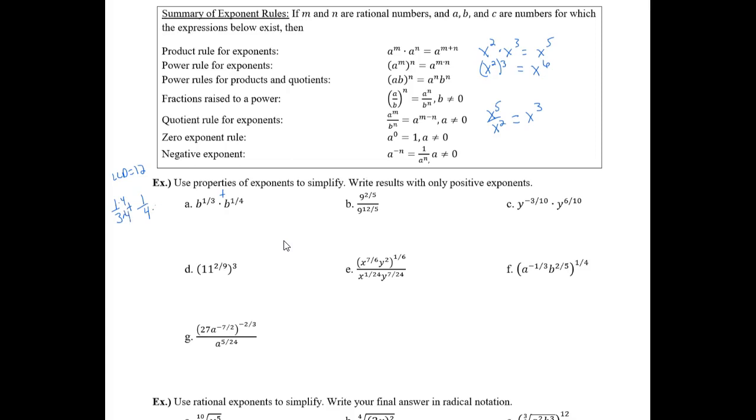And I'm going to multiply 4 by 3 to make it 12. Whatever I do in the denominator, I do the exact same thing in the numerator to keep it equal. So now I have 4/12 plus 3/12, and I get 7/12. So b to the 1/3 times b to the 1/4, we add the exponents 1/3 plus 1/4 and get 7/12. So it's b to the 7/12 power.